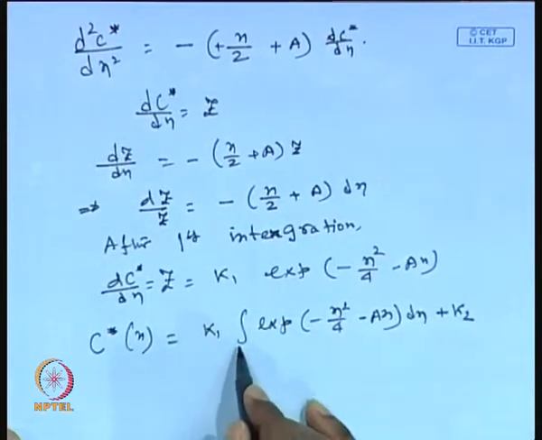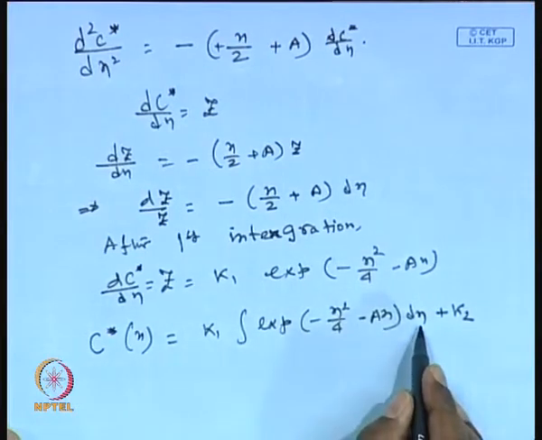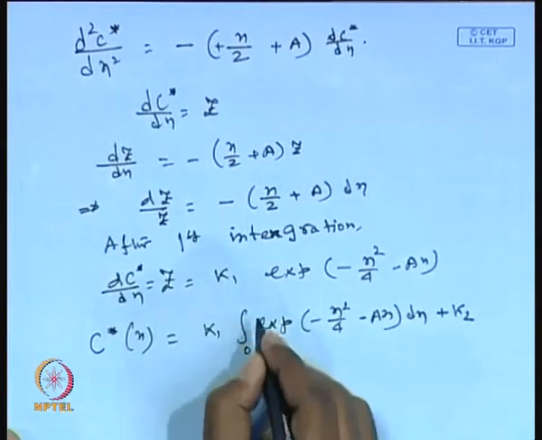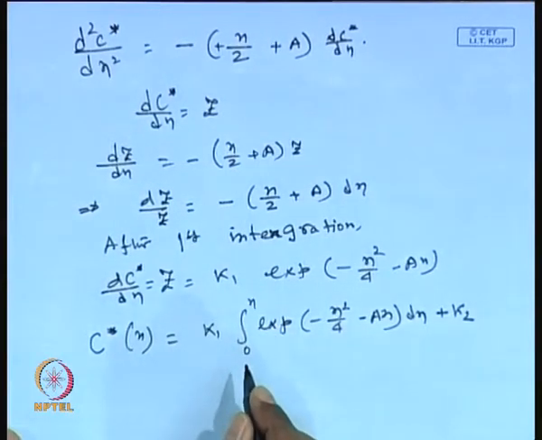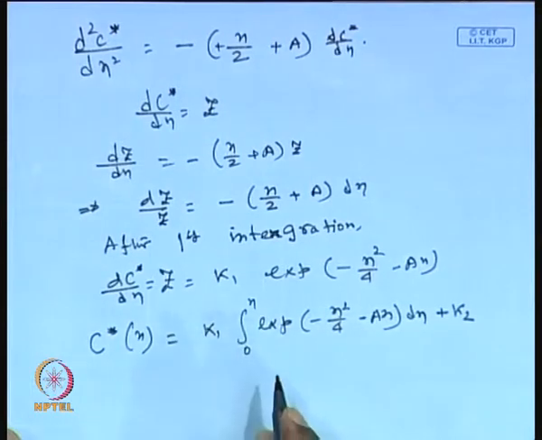This integration is over the variable eta, and since the minimum value of eta is 0, the integration runs from 0 to eta implicitly.